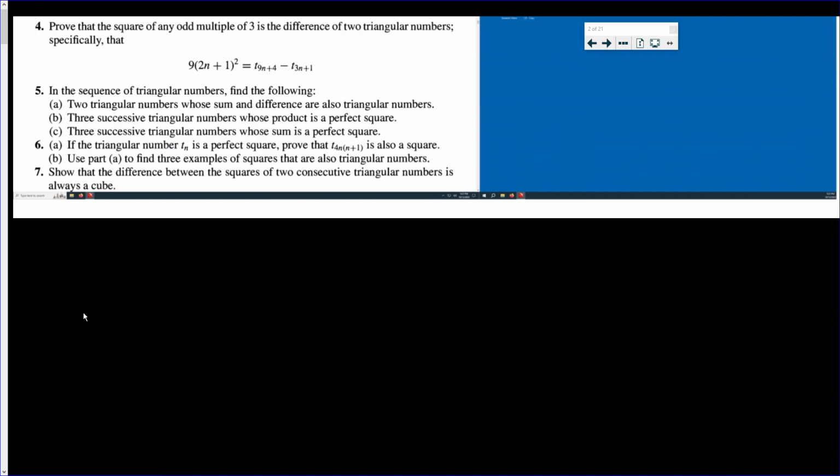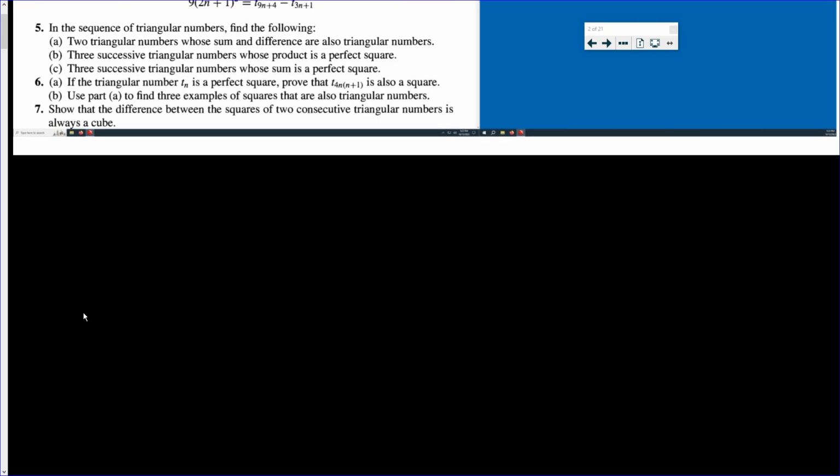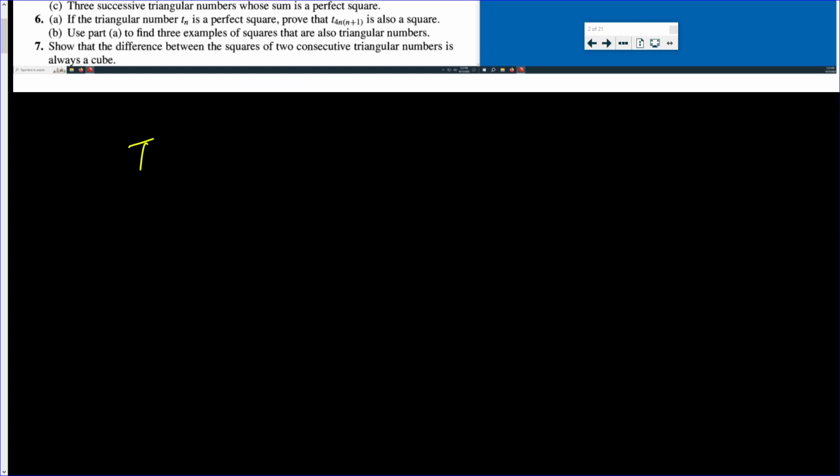Now, they want the same thing where the sum of 3 successive triangular numbers is a perfect square. So now we have Tn plus Tn plus 1 plus Tn plus 2.